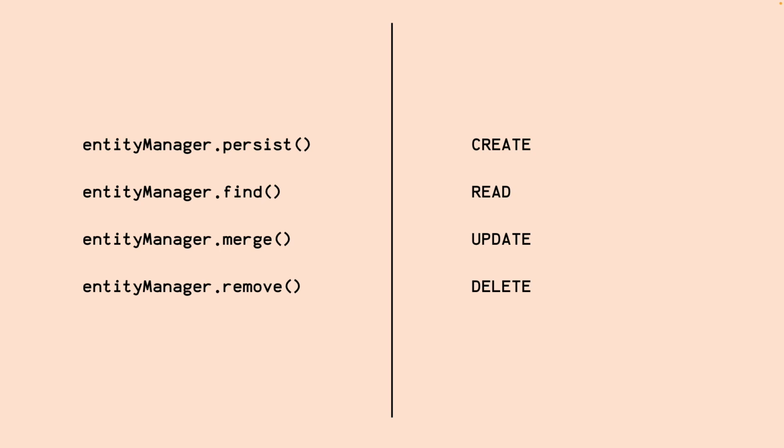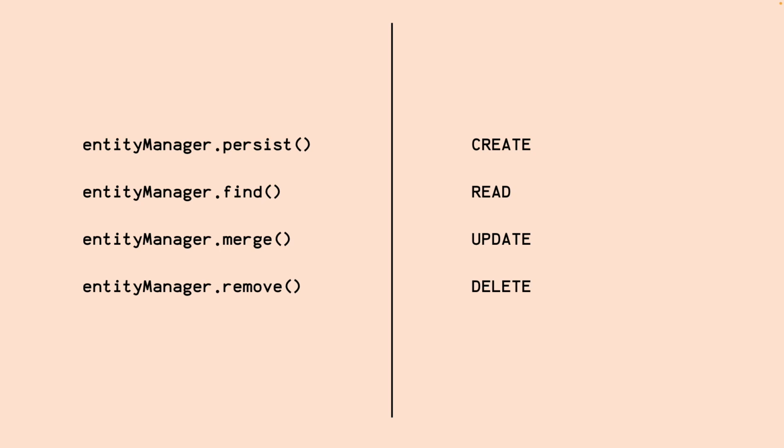And you may have been wondering, if these methods are used for create, read, update, and delete, why are they not called this way? Why do we use persist instead of create and merge instead of update? Well, this is because these methods that you can see on the left side will eventually result in the operations on the right side, but they are more than that.